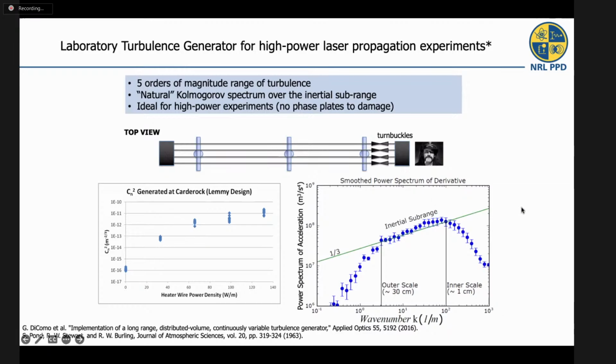And it indeed exhibits both an inner scale and an outer scale, much like natural turbulence. Also, by controlling the voltage on these heater wires, we can control the strength of turbulence. So we are able to show that we can control the strength of turbulence over 5 orders of magnitude. So ultimately, it's proved to be a really unique device for generating turbulence in a controlled environment.